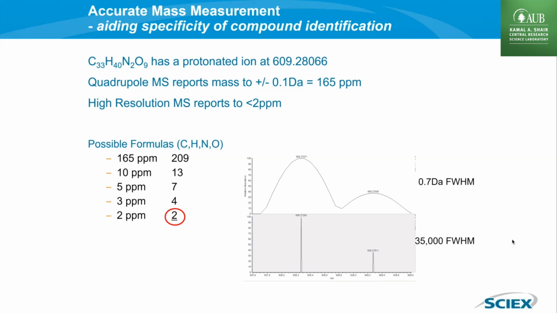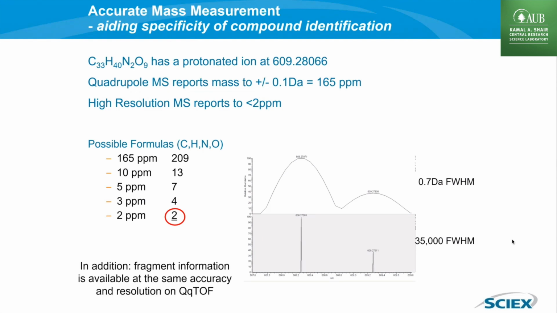In this case, we would have not one formula, we would have 2 formulas, and we would have to then continue perhaps with MSMS, which we'll talk about later today, to find out which one is correct. But we can do this by taking the data from the instrument and then finding out the formula. So we call this formula finding.